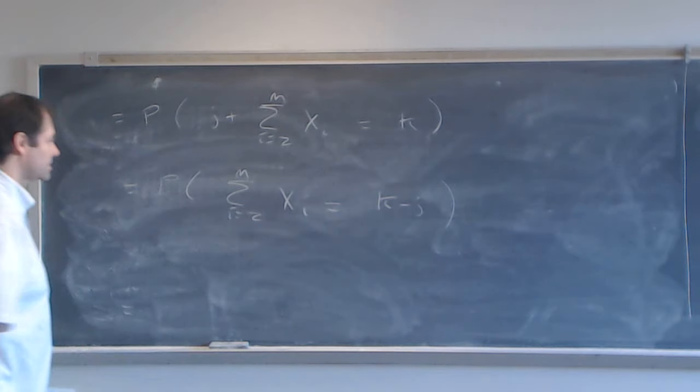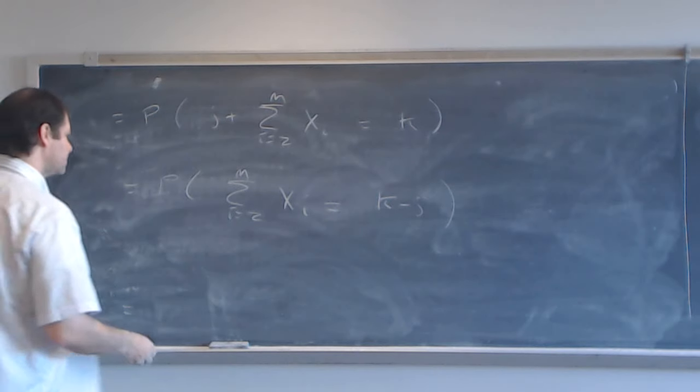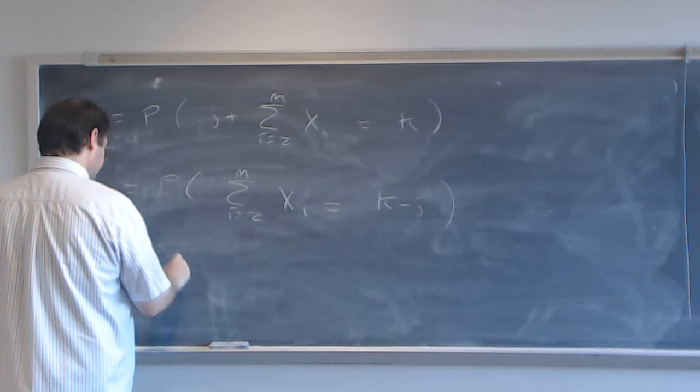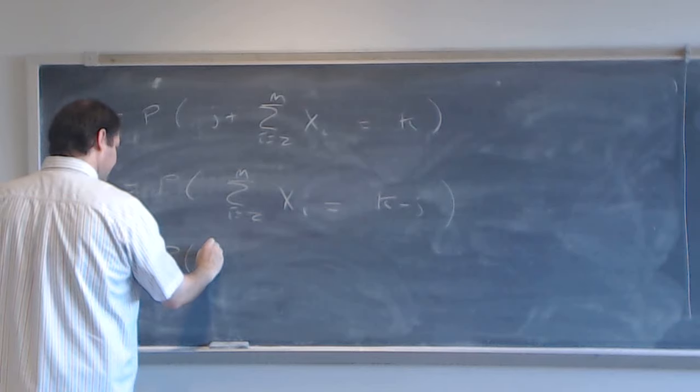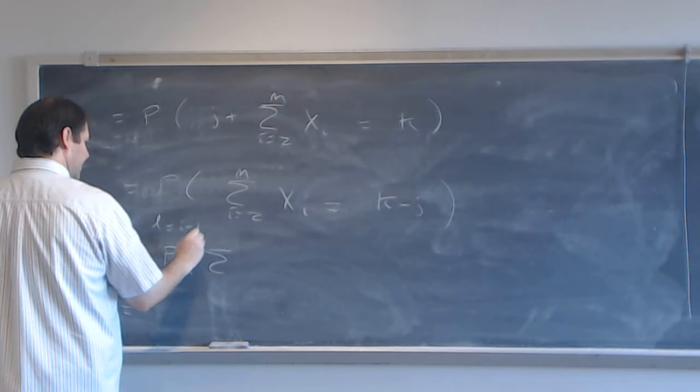These are identically distributed random variables. And so what I can do is index these. This is the same thing as the probability, if you will, so we'll let L be equal to i minus 1.